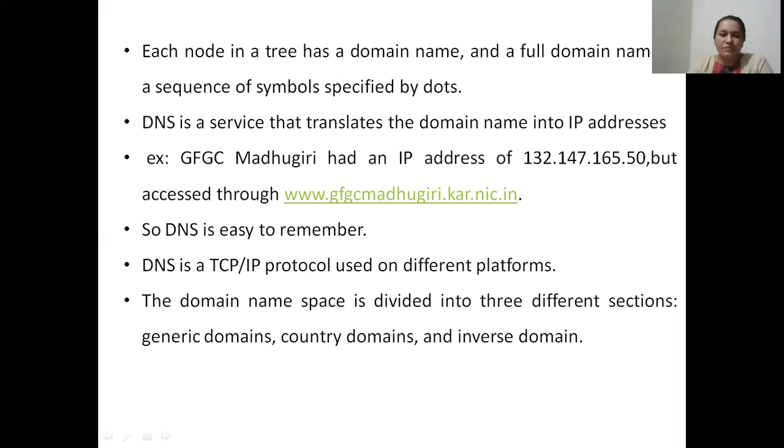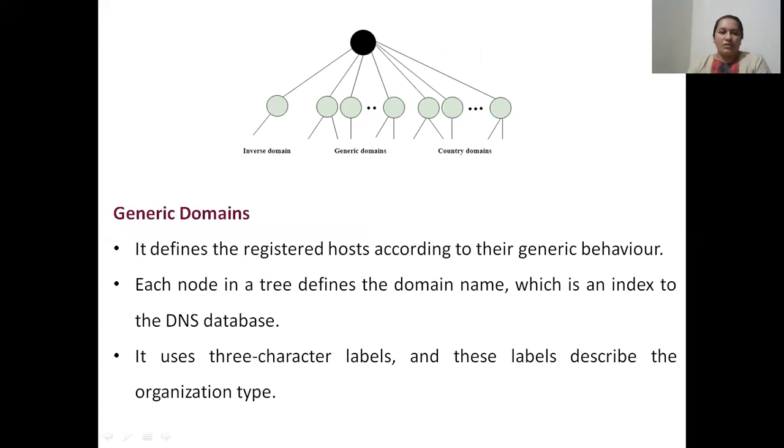The domain namespace is divided into three different sections: generic domains, country domains, and inverse domains. The generic domain defines the registered host name according to its generic behavior.